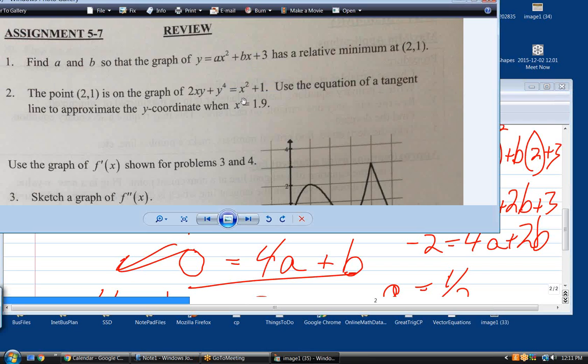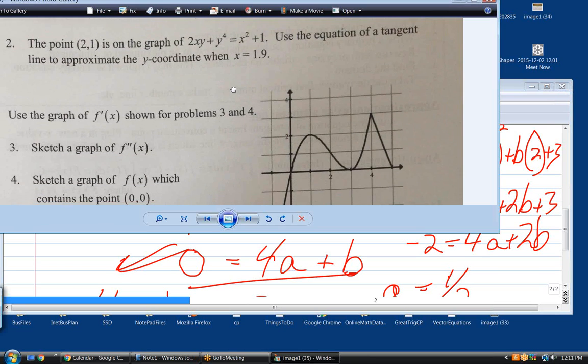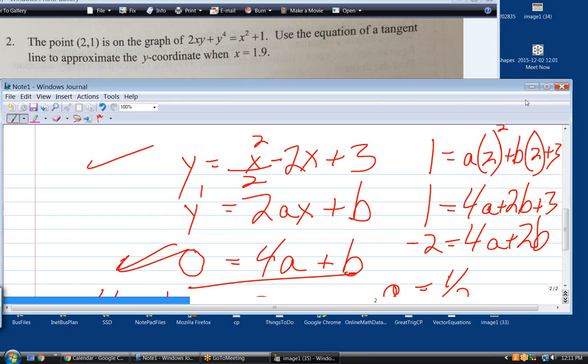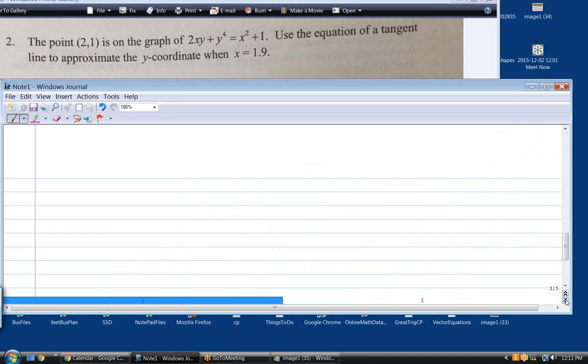All right. And then also circle number 2. Okay? So we have this equation that's not defined in terms of y.